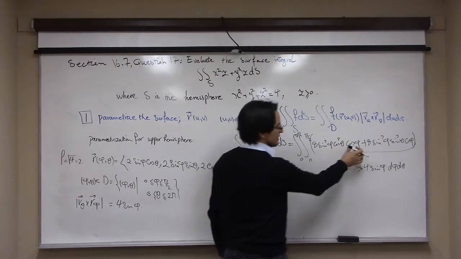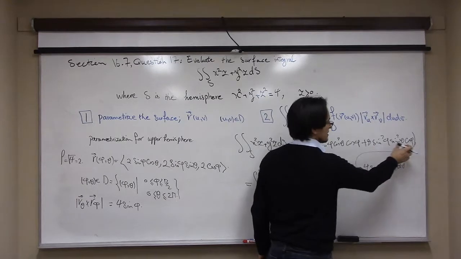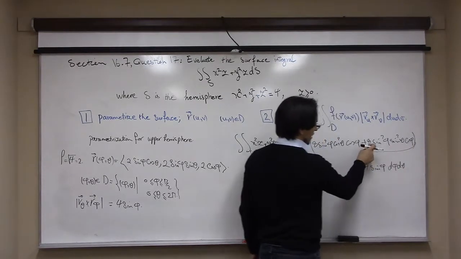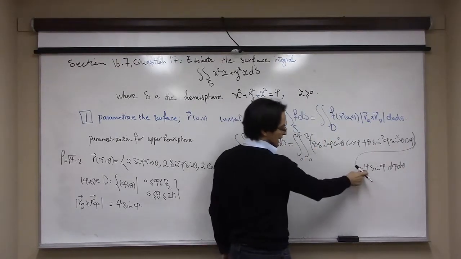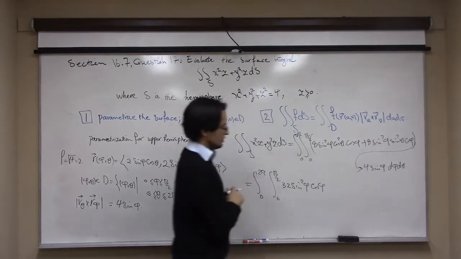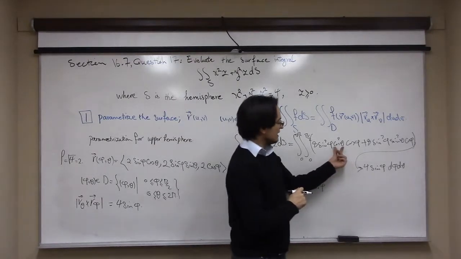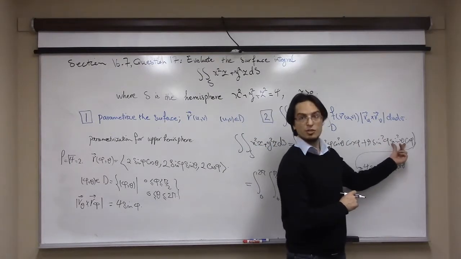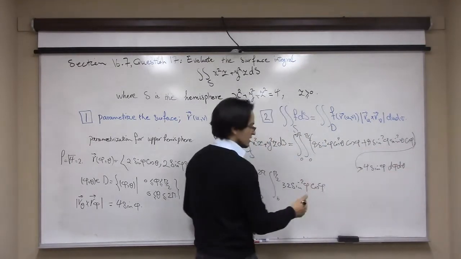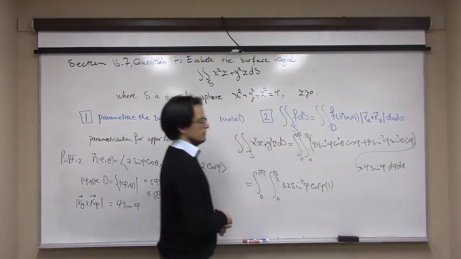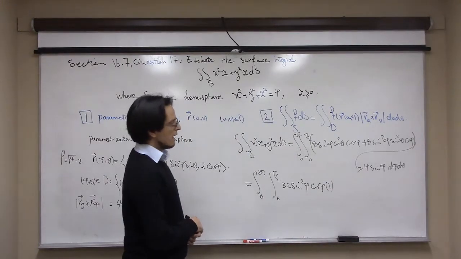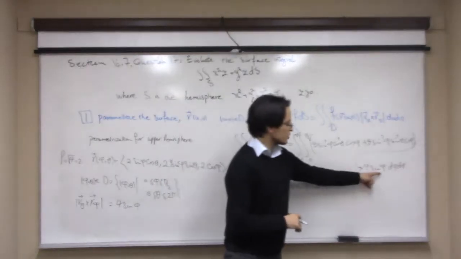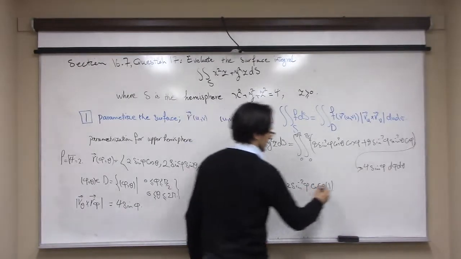Sine square phi is here, cosine phi is here, sine square phi is here, cosine phi here. I factor out 8, I have another 4 there, so it is 32 times that. But the remaining is cosine square theta plus sine square theta, which gives us 1. Yes? And then multiply this to sine phi.